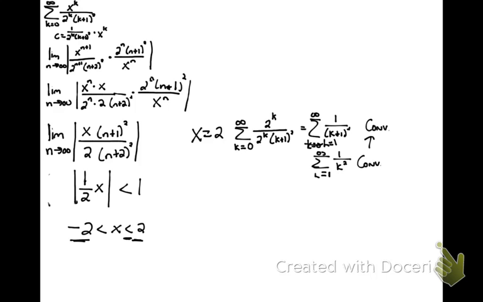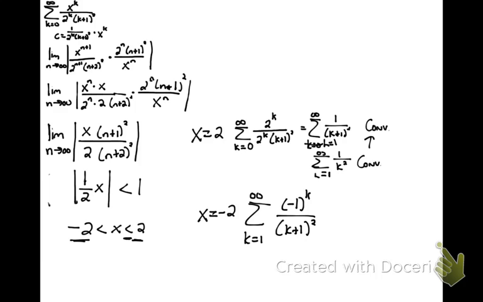Now we have to do the same thing with x equals -2. And when we substitute -2 in, we end up with the series, and we'll go from k equals 1 to infinity again, which is -1 to the k power over k plus 1 squared. This is an alternating series.